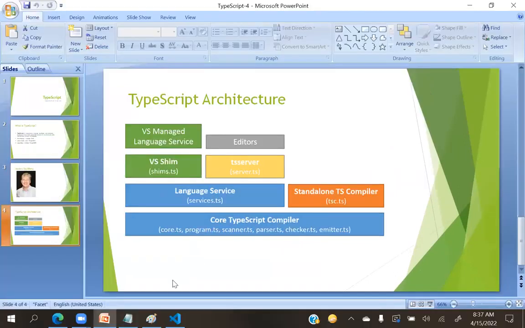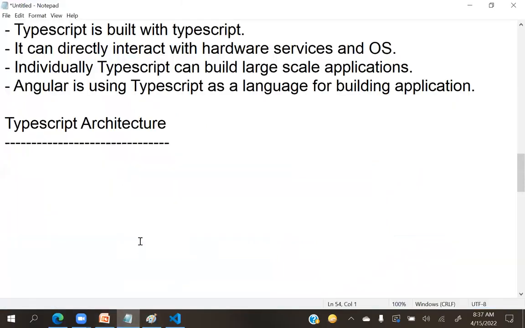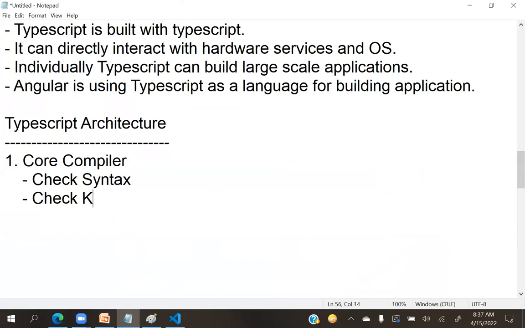So in the architecture, the first one we have is the core compiler. What is its responsibility? It checks syntax, checks the keywords, and is responsible for parsing, translating, and input and output activities.